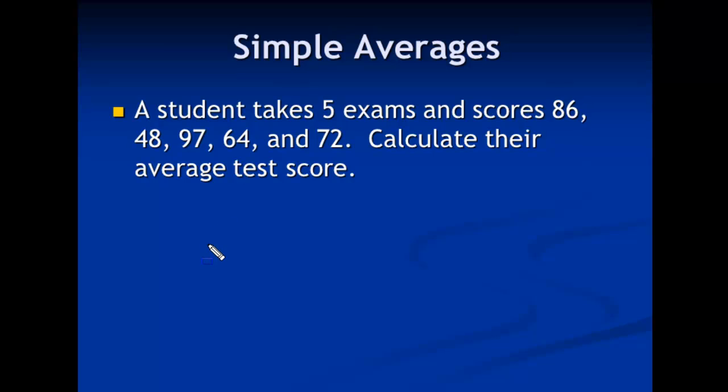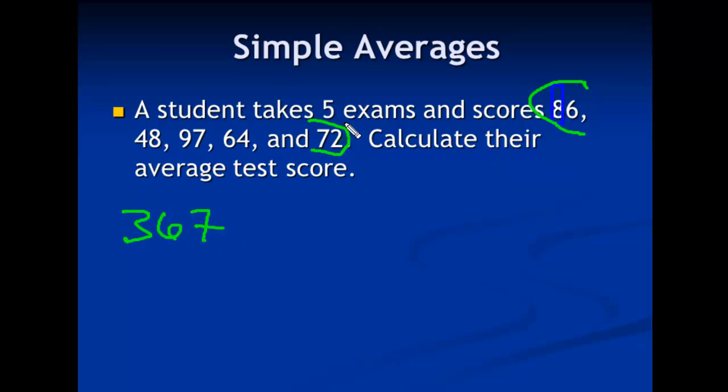Okay, so what you want to do is add up those 5 numbers. So I'm going to add 86 plus 48 plus 97 and 64 and 72. And I add those numbers up and I get 367.